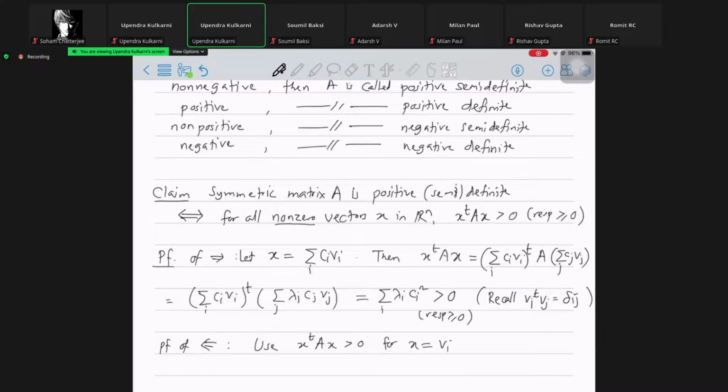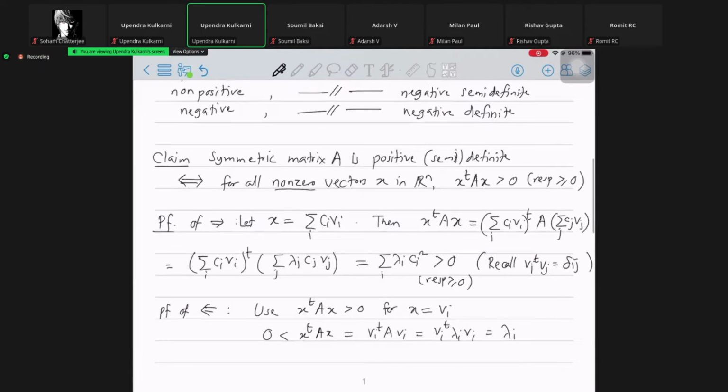And then what do I get? Then X transpose AX is simply equal to Vi transpose A Vi, which is Vi transpose times lambda Vi, which is just lambda. And I know that this is given to be greater than 0. So this is the easier direction.